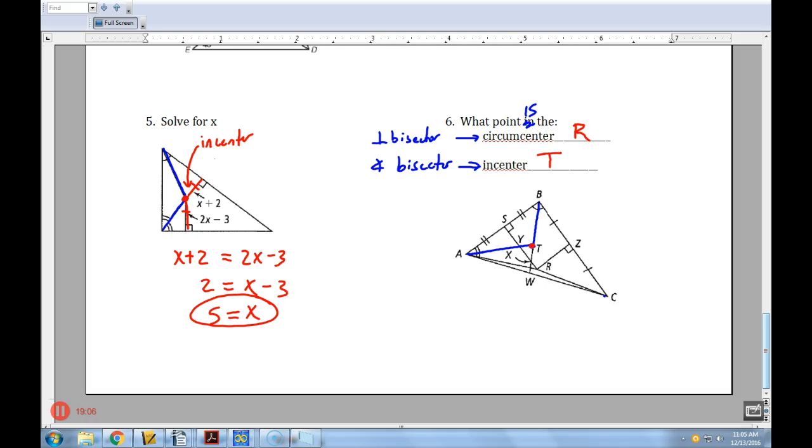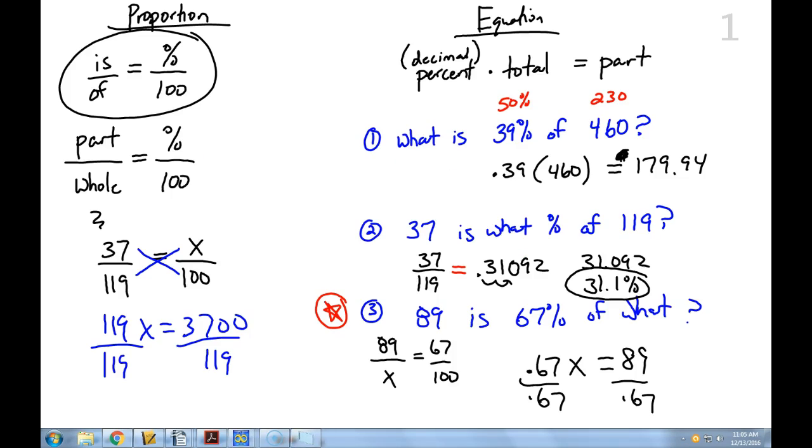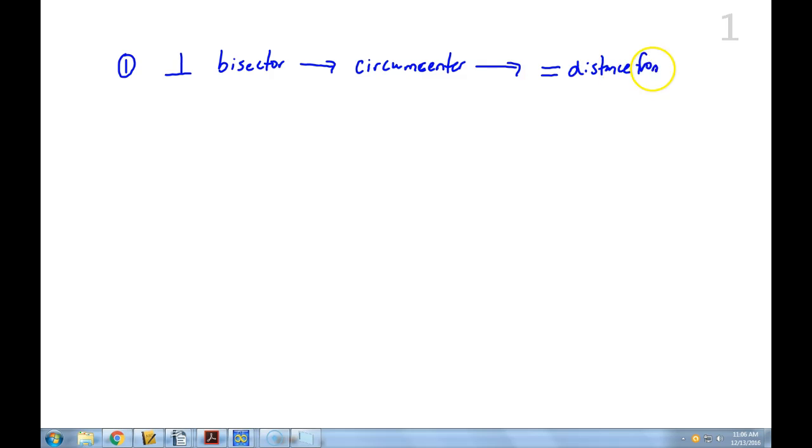So a little bit tougher lesson, I think, just because a lot of the triangles have a lot of different shapes going on. But the big facts that you need to know are, number 1, perpendicular bisectors meet at a special point called the circumcenter. And what you know about the circumcenter is it's equal distance from the vertices or the corners.